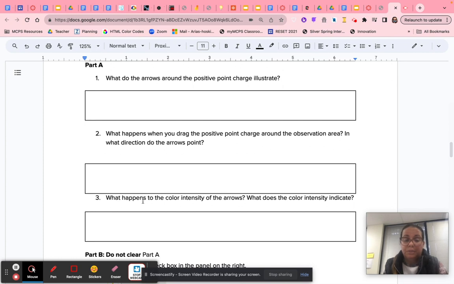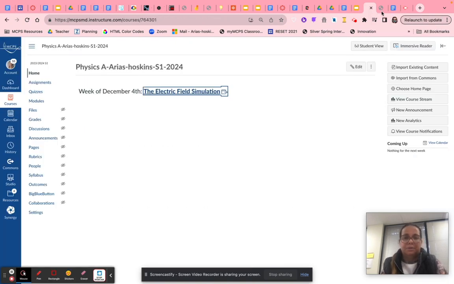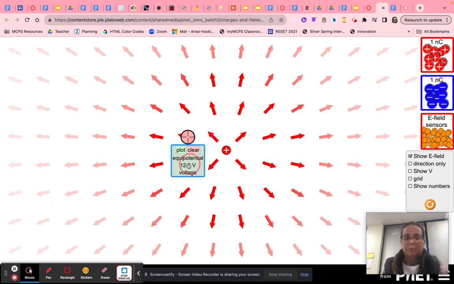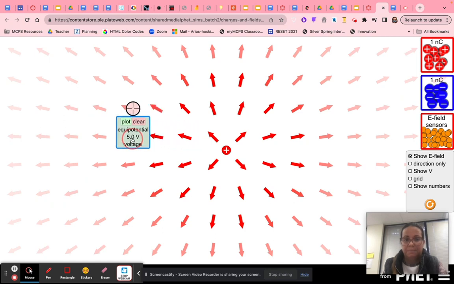I'm pretty sure number 3 says the color intensity of the arrows. What do you think is happening with the intensity? And you're like, oh, I don't know what you're talking about. What you can do is just move the point in here. What do you see happening with the voltage as you decrease the intensity of the color? Okay? And I have the answer right there.